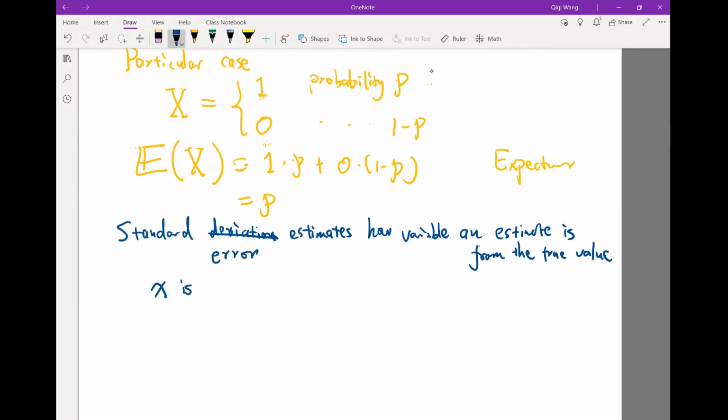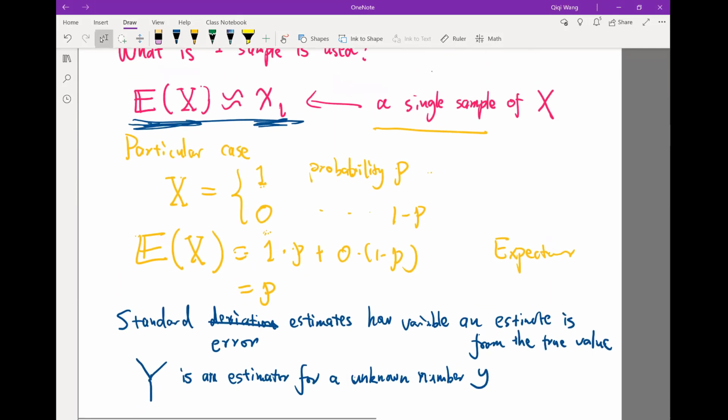Let's say Y is an estimator for an unknown number, because otherwise we wouldn't need a probabilistic estimator for that. In this case, our unknown number is the expectation of X, and we want to estimate it with just a single sample of the random variable itself.